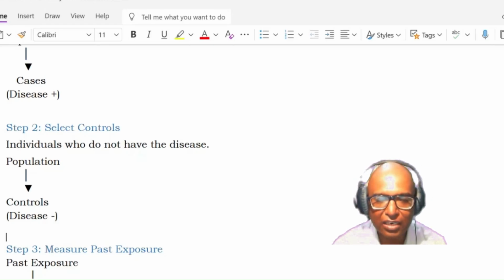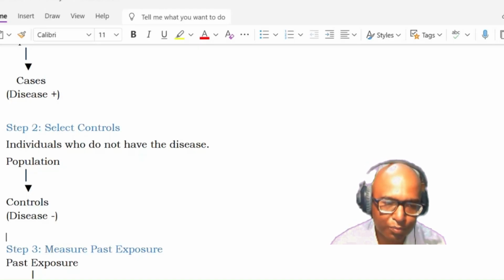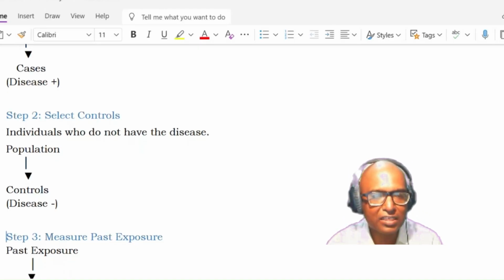But the controls should be matched with the composition of the case group. There should be an equal number of males and females, and there should not be any difference between the two. So both groups should be homogeneous, and you need to have the appropriate control. That's not a very easy job. Individuals who do not have the disease form the control group, the non-disease population.